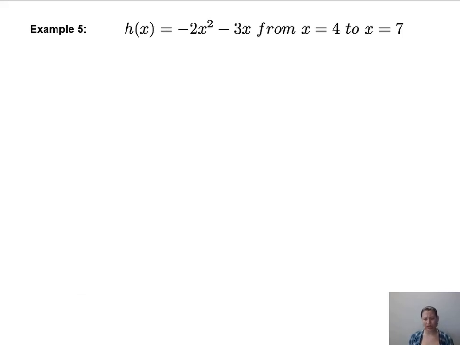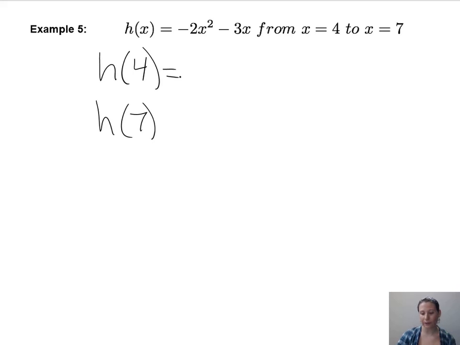With this formula, remember it's just calculating the slope, essentially, except with rates of change, we can talk about rates of change on nonlinear functions. Like this one is a quadratic, right? So what that means is we want to find the y values for both of those x values. So we want to find h of 4 and h of 7.